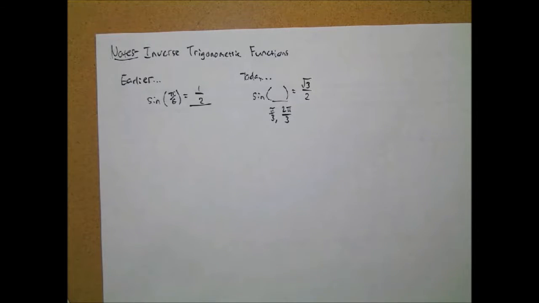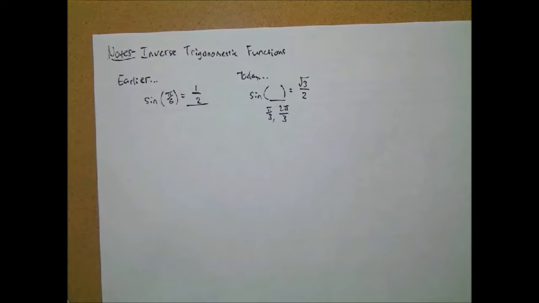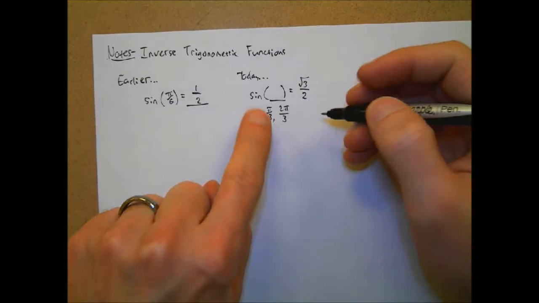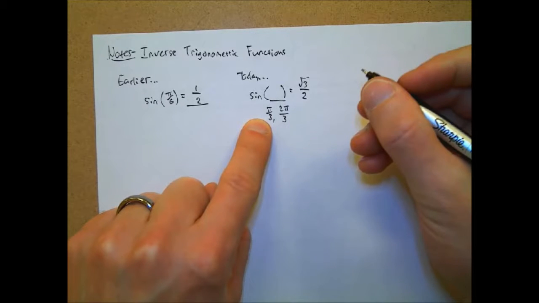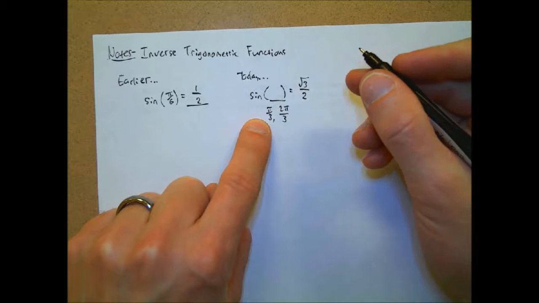Now, of course, pi over 3, 2 pi over 3, but really, there's more answers than that. These are the immediate answers on our unit circle, but what could I add to pi over 3 and still be in the same position on our unit circle? Add 2 pi, or I can also subtract 2 pi.